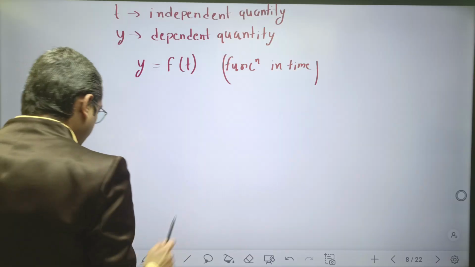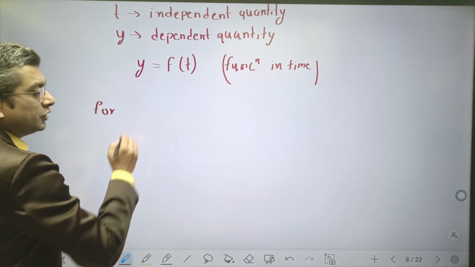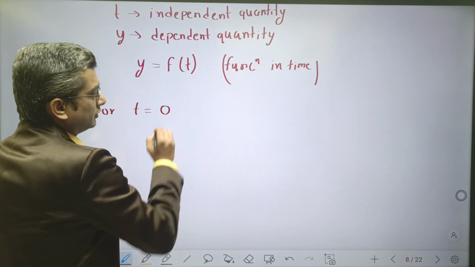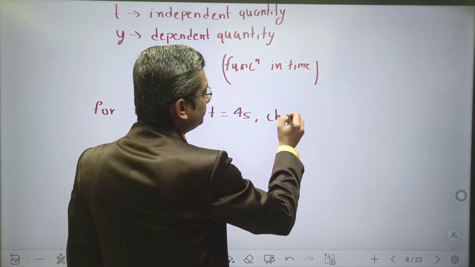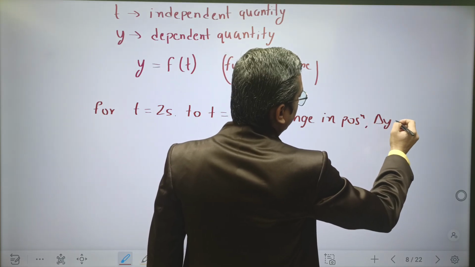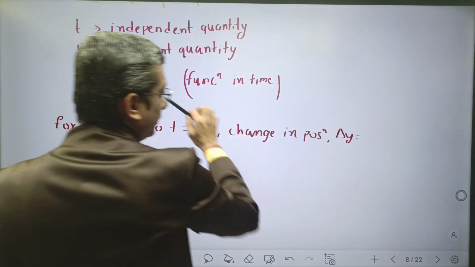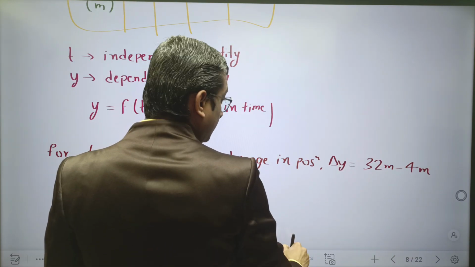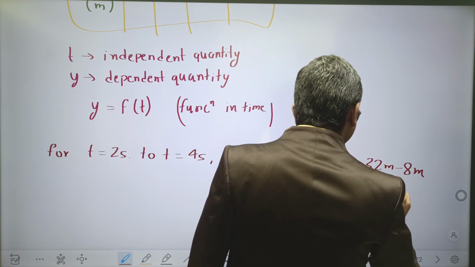So suppose I write here that for a 2-second change in time interval, that is for t is equal to 2 second to t is equal to 4 second, the change in position, that is delta y, is given by 32 meter minus 8 meter, and this is 24 meter.